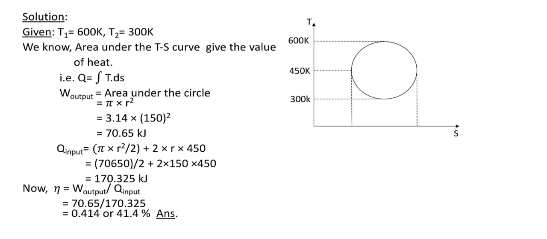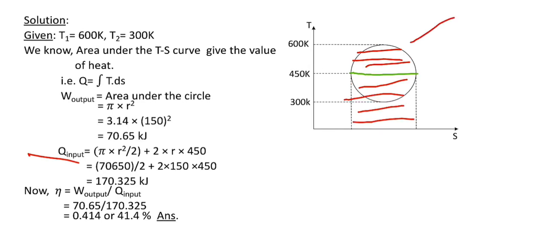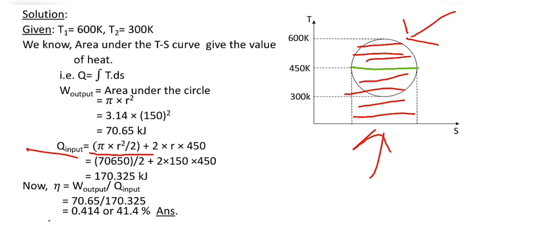To know the value of heat input, we have to calculate the area under this curve, and that area is equal to the area of this plus the area of this. Since this figure looks like a semicircle, its area is pi r squared divided by 2, and this figure is a rectangle whose length is 450 Kelvin and whose width is the diameter of the circle.